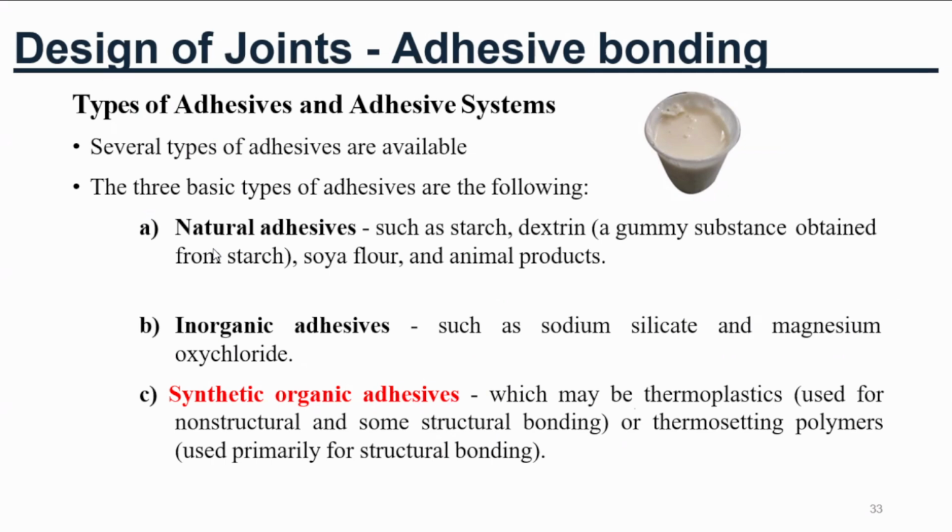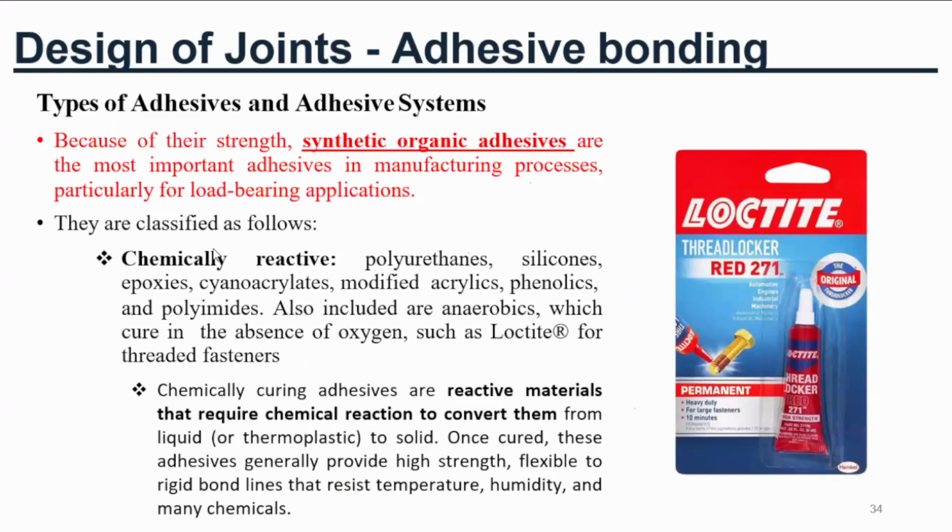Some types of synthetic organic adhesive require surface preparation again. Okay, so it is difficult to prepare a good surface. So again we need to do some activity to prepare our surface, finished surface.